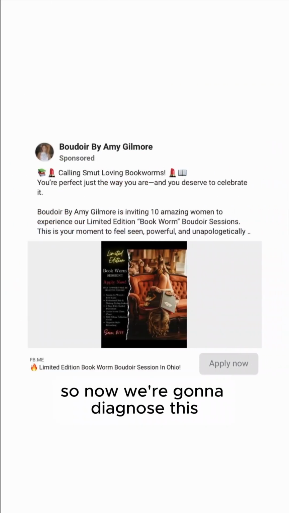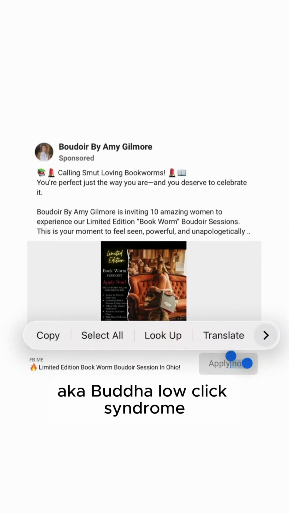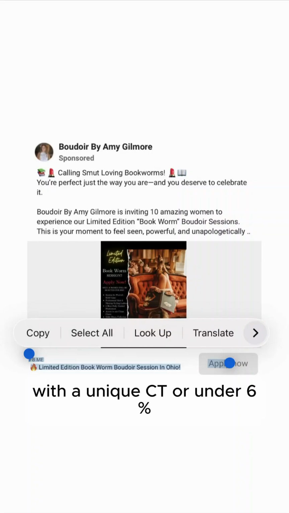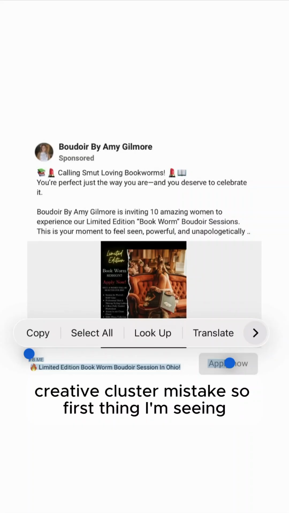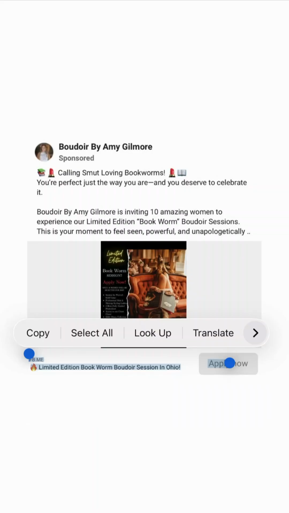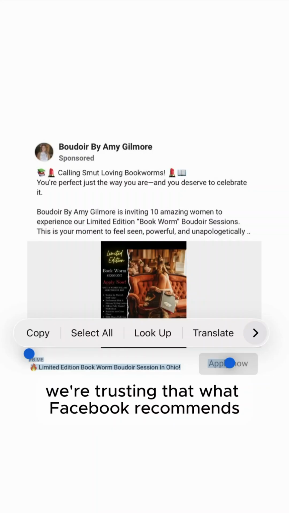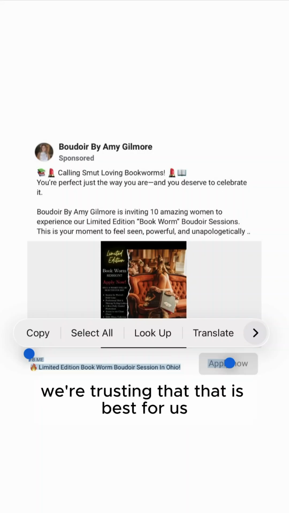So now we're going to diagnose this if we believe it has BLCS, aka Boudoir low click syndrome, with a unique CTR under 6%. First thing I'm looking at here is the below creative cluster mistake. The false belief that causes us to make this mistake is we're trusting that what Facebook recommends for us to fill out in our ads, all these fields they give us, is best for us instead of being best for Facebook.